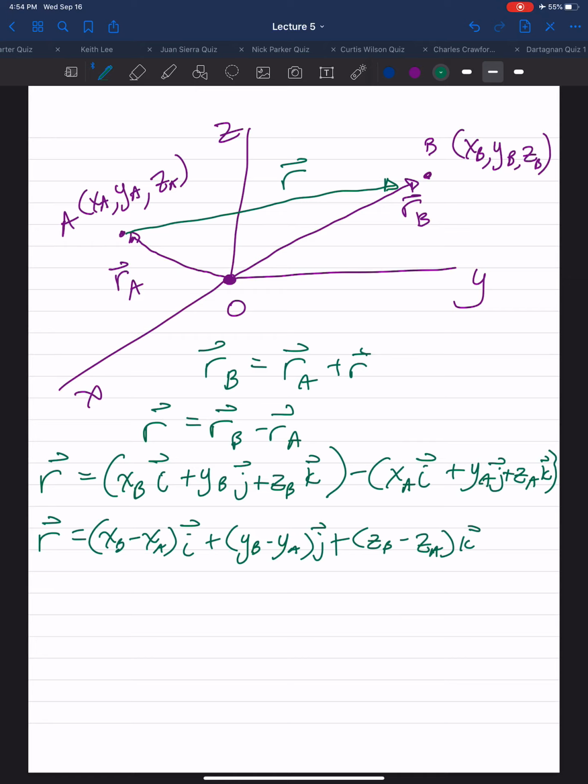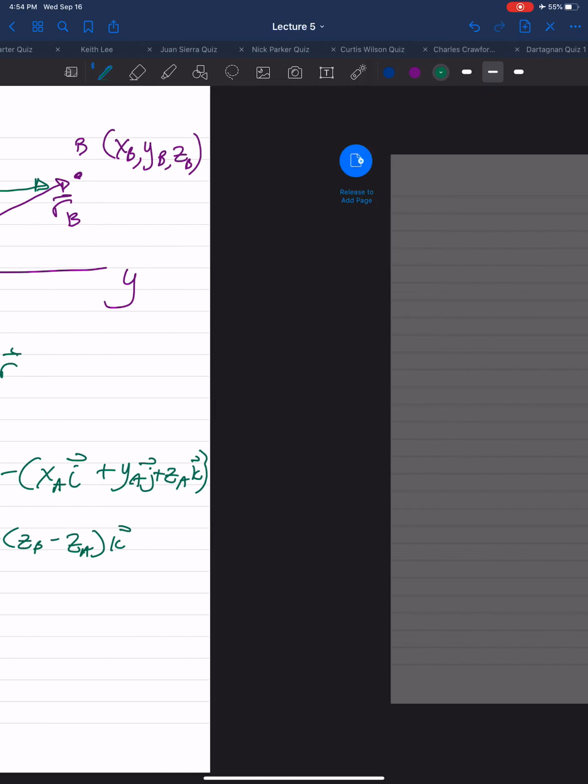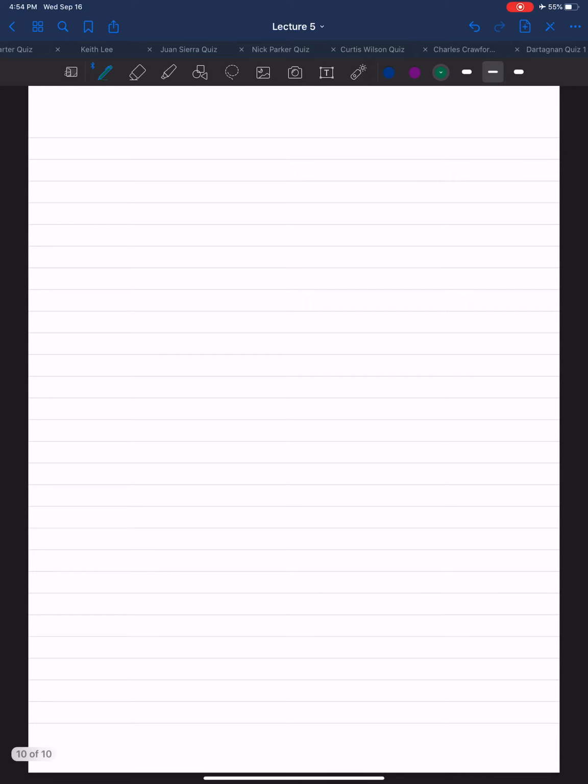So we're just taking the difference of the coordinates of the two points. It's pretty straightforward once you look at it. Let's work out a problem that exemplifies this. Let's turn to page 54 in the text, and this is example problem 2-10.